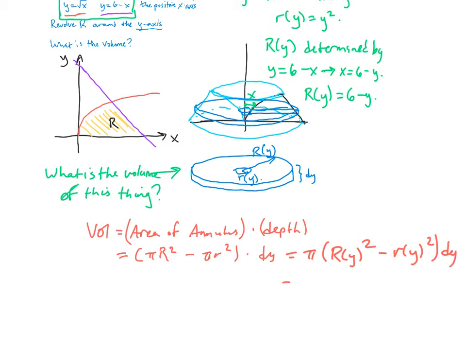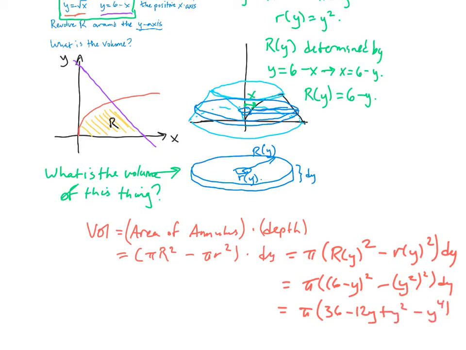That's pi times big R of y, which was 6 minus y, squared, minus little r of y, which was y squared, also being squared, dy. And then I could simplify that to pi times 36 minus 12y plus y squared minus y to the fourth dy.